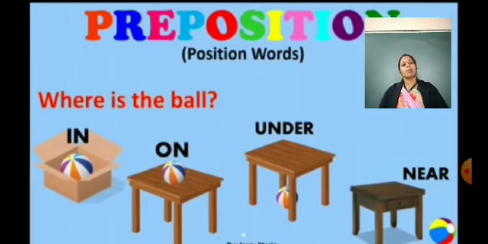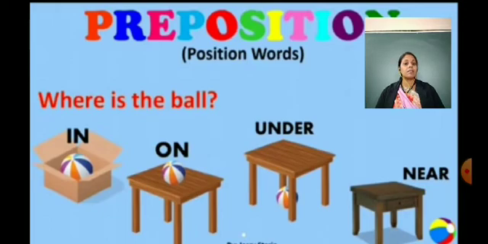ओके? तो सबसे पहले आपने देखा पिक्चर में, you all have seen that in the first picture the ball is inside the box. In the second picture the ball is on the table. And in picture number 3, the ball is under the table.